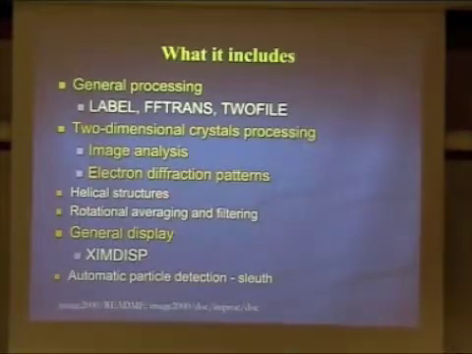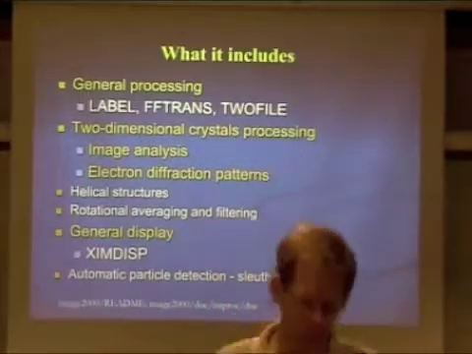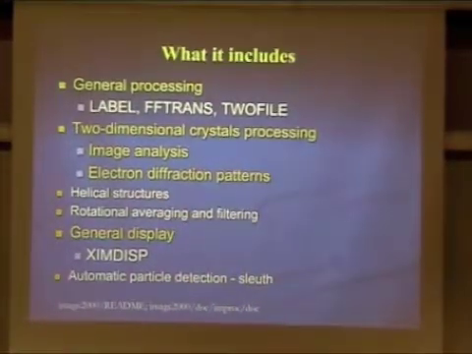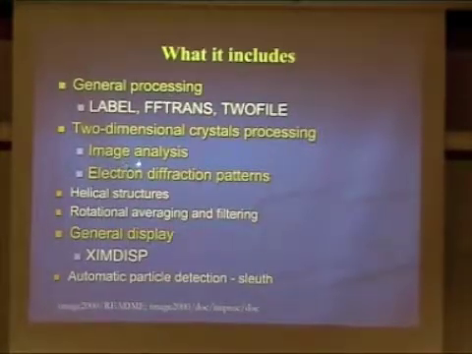So what does it include? It's not just for 2D crystals. It still has some general processing functions, such as binning an image, doing Fourier transform, etc. For 2D crystal processing, it has parts for image analysis of images acquired from 2D crystals.